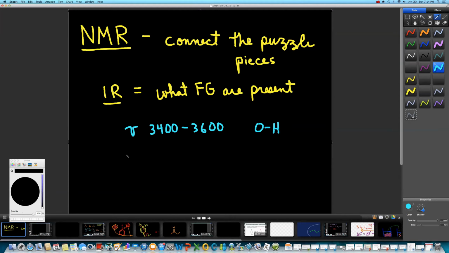As another example, if we see a couple of stretches between 3300 and 3400, we know that we have a primary amine, and one of those stretches is symmetrical and one is asymmetrical.